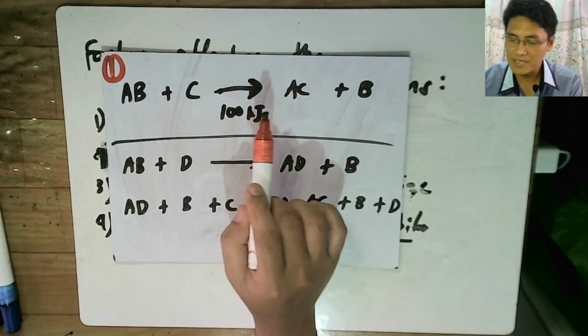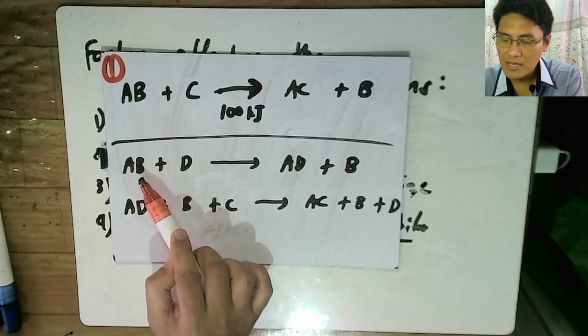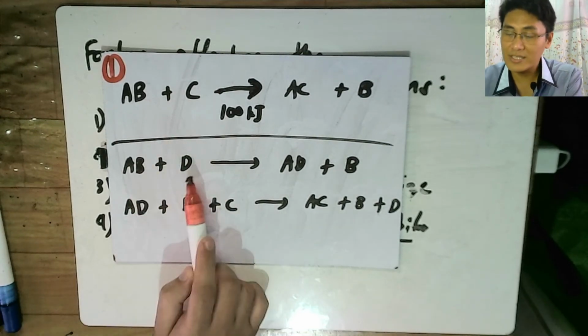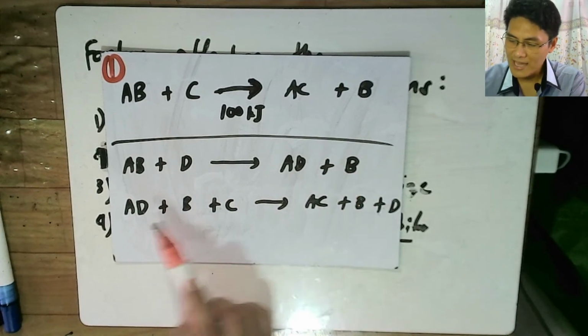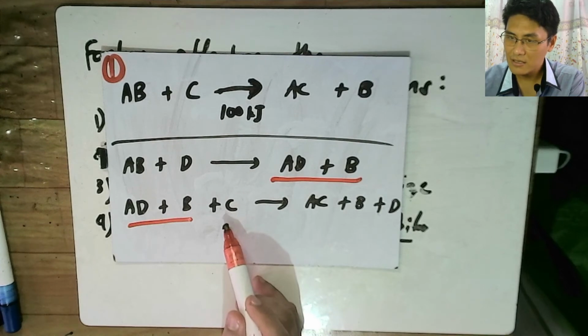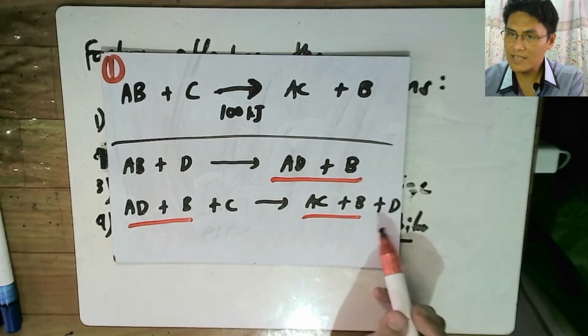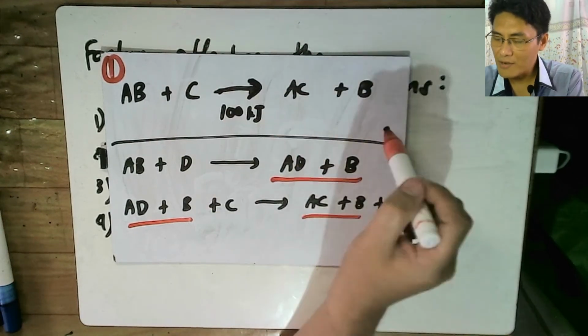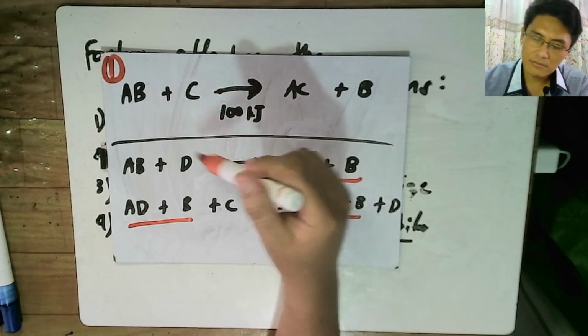So again, single displacement. But what if you have this, where AB doesn't react with C, reacts with D to form AD plus B, and then later on, that AD plus B reacts with C to form AC plus B and D, right? So instead of going directly, it's like another route.